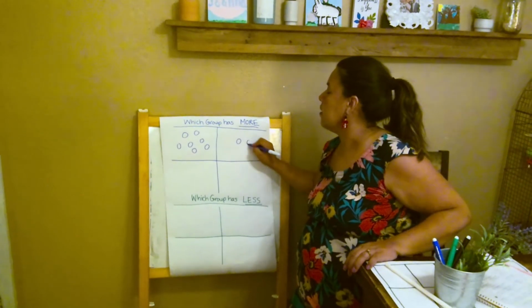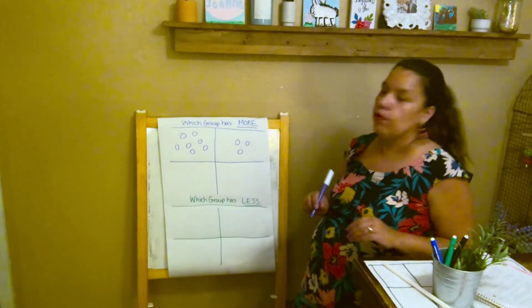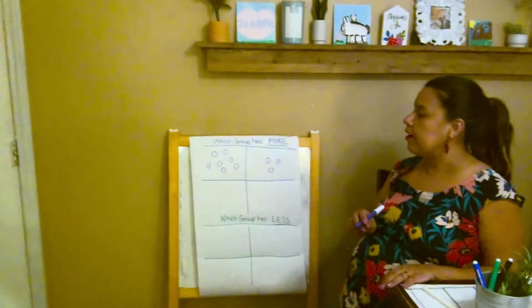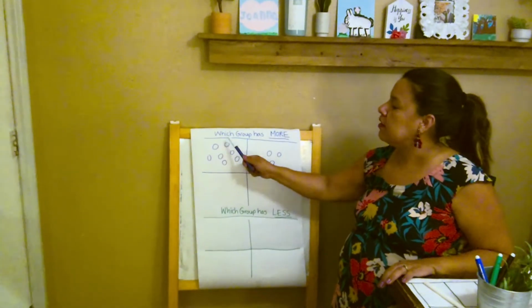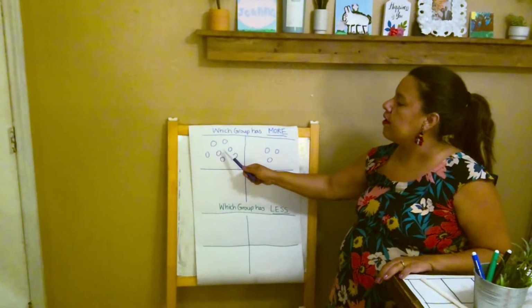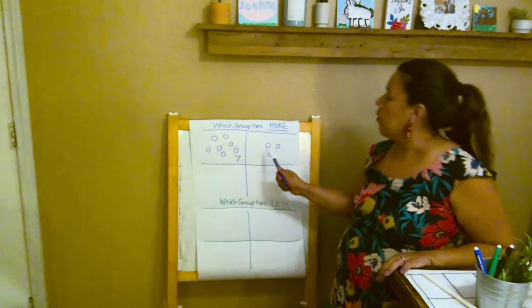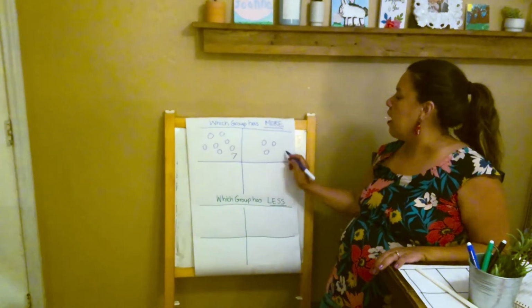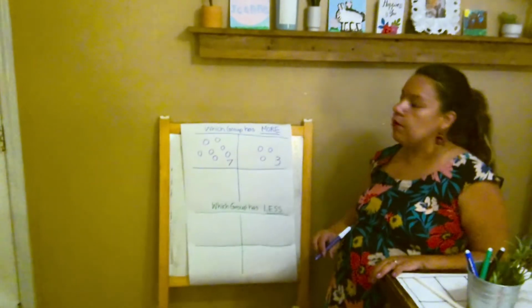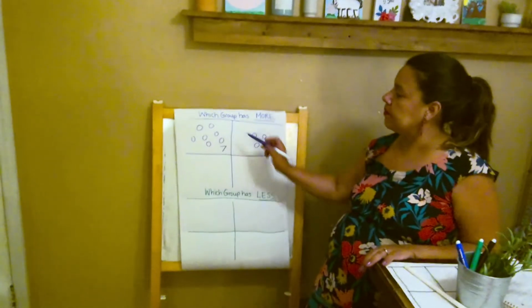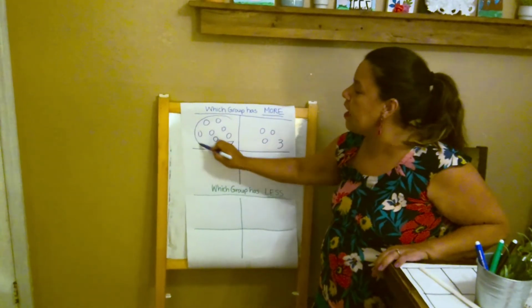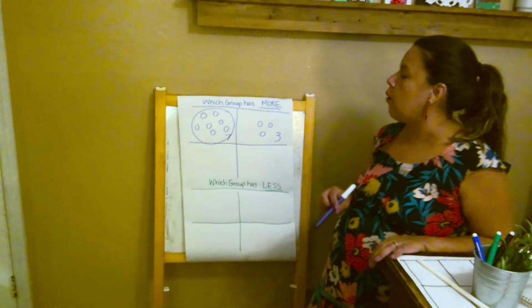And then I'm going to draw some on this side. Which group has more? Let's count. 1, 2, 3, 4, 5, 6, 7 on this side. 1, 2, 3 on this side. Which group has more? The group with 7 circles has more.